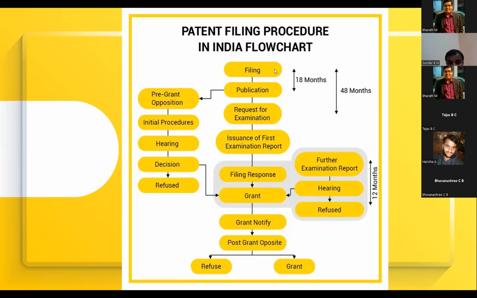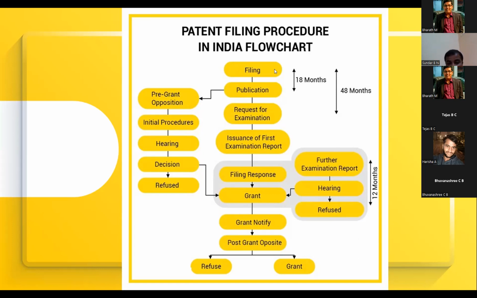Again, after the first examination report is issued, you may file a response. You have to give a clarification. Once the clarification is given, the patent can be granted. If it is not going to be granted, again there is a possibility for a hearing and a further examination report.